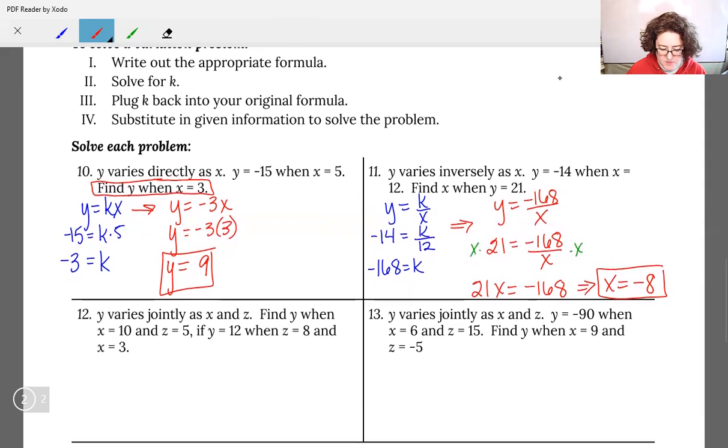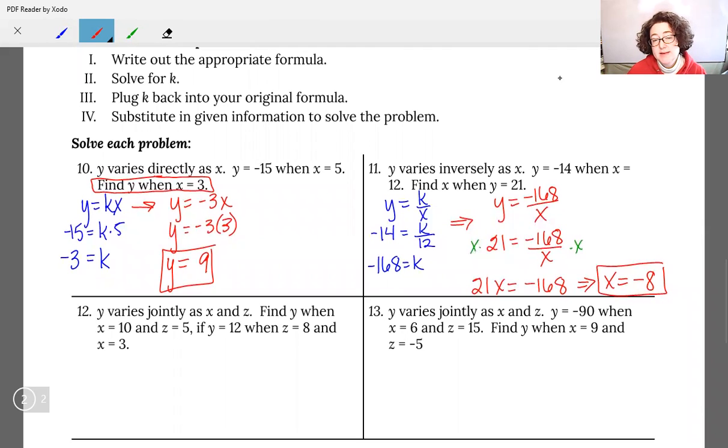Alrighty. Number 12, y varies jointly as x and z. So what's that closest to, direct or indirect? That's really just another direct problem. It just has two variables. So y equals kxz.